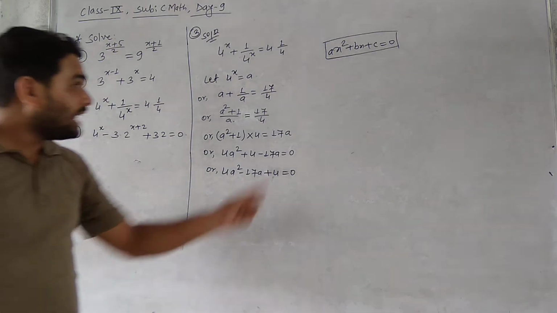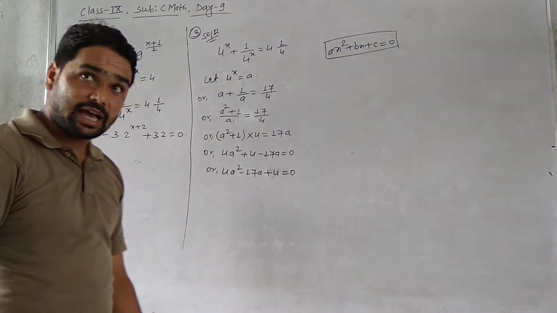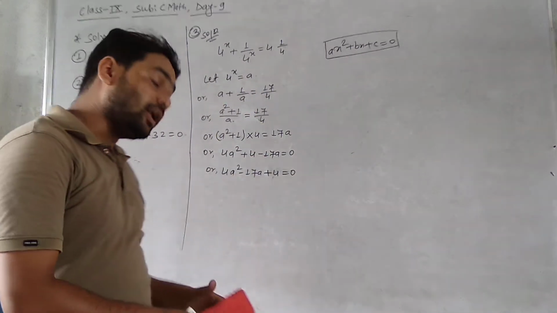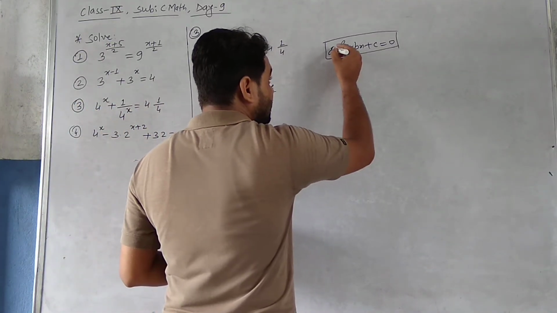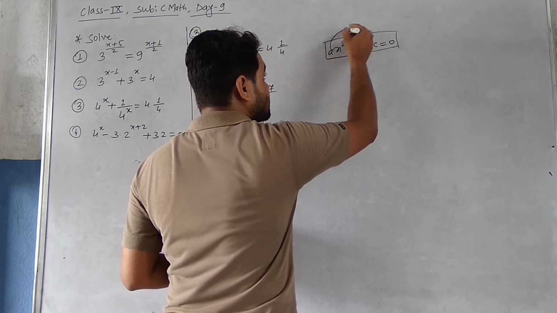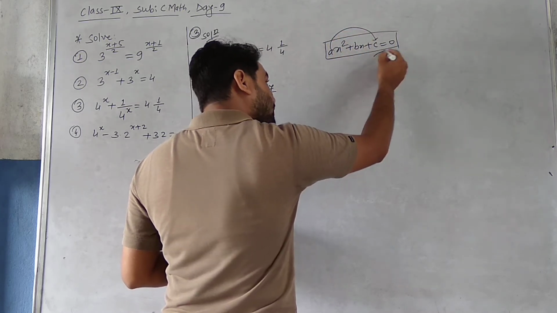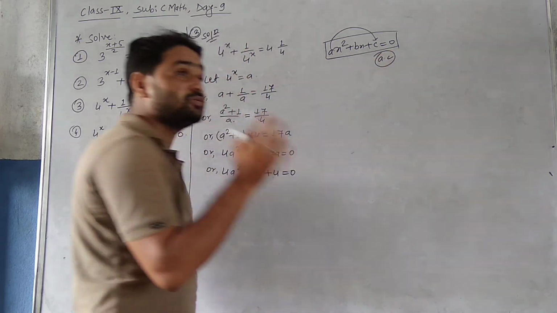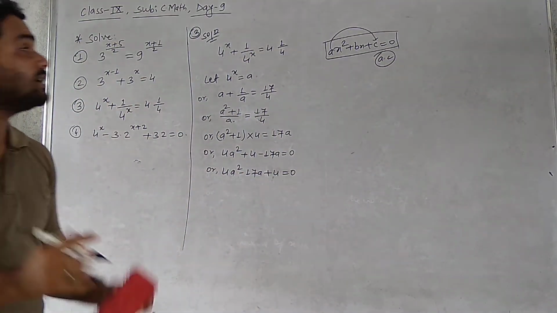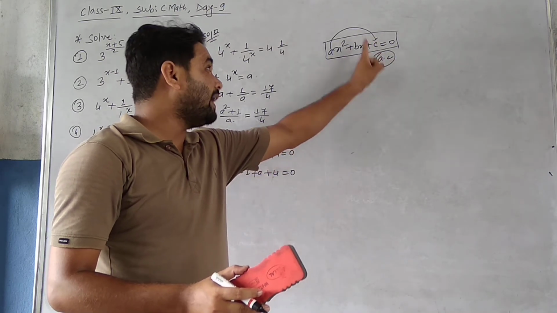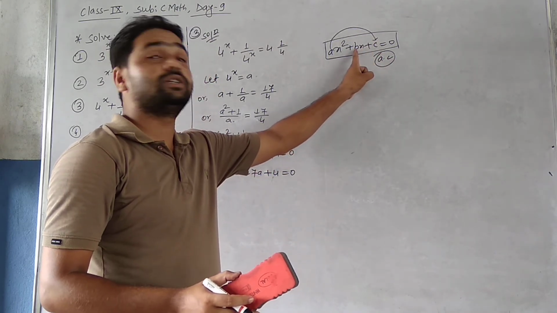If such types of equations are given, we can factorize them also. While factorizing, the coefficient of x square multiplies with c, and from these we have to make two numbers such that while adding them we should get b.